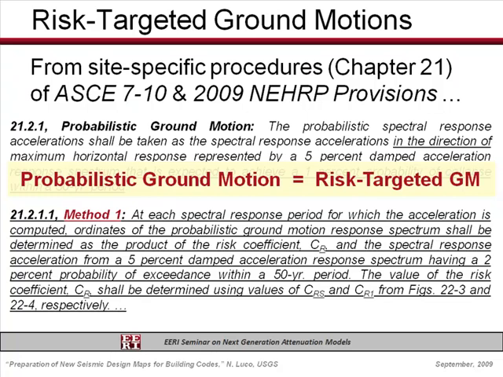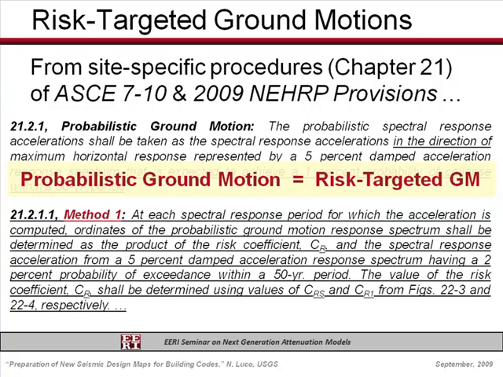But method 1, to summarize what is stated here, says, well, instead of directly calculating risk-targeted ground motions and going through all that iterative integration, we'll let users calculate uniform hazard 2,500-year ground motions, which is what was commonly done in the last versions of the code, ASCE 7-2005, for example. And then we'll give them what we call a risk coefficient that they can apply to those uniform hazard ground motions. And when we do that for the map, that gets us back to our risk-targeted ground motions.